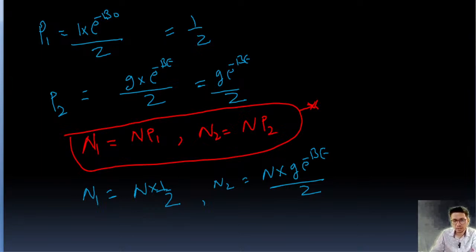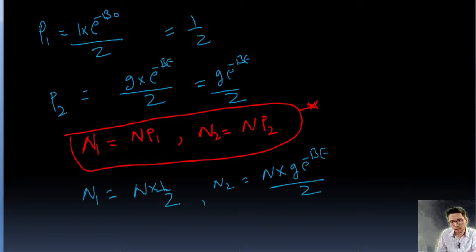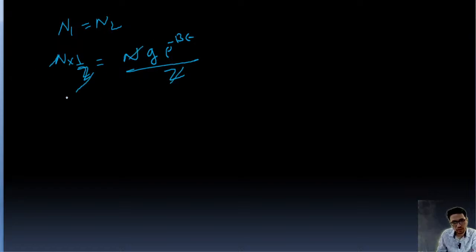So for the minimum value of g, N1 is going to be equal to N2. So this means N into 1 upon Z equals N into g e to the power minus beta epsilon upon Z. Z will get cancelled and N will get cancelled.